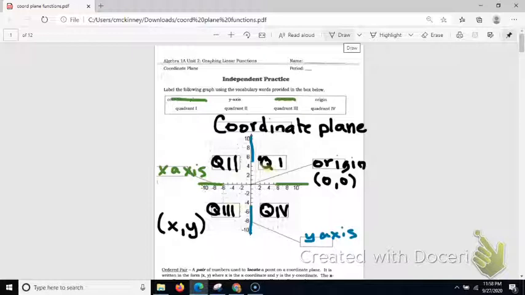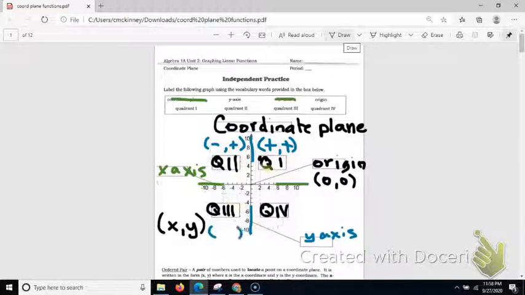So in this first quadrant, all of the points in the first quadrant, all the x's are positive and the y's are positive because it goes to the right and up. In our second quadrant, the first coordinate, the x, would be negative because it goes to the left, but it still goes up.